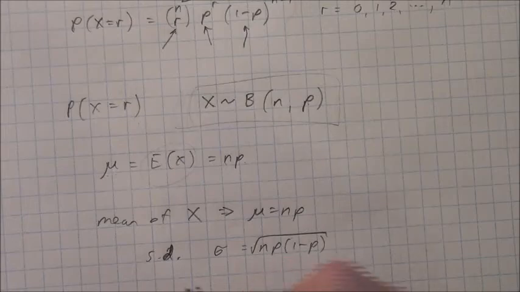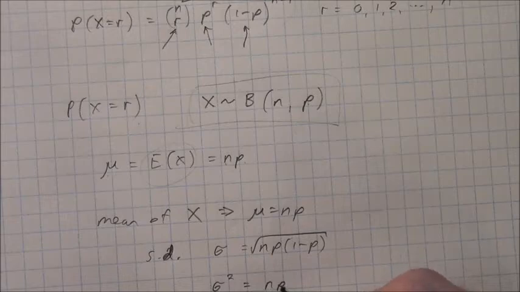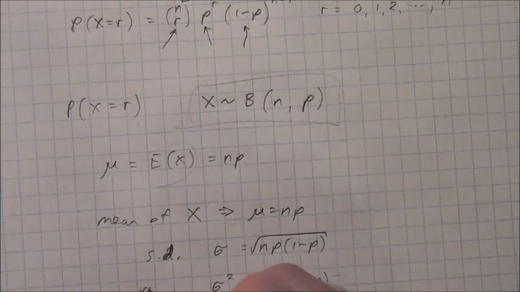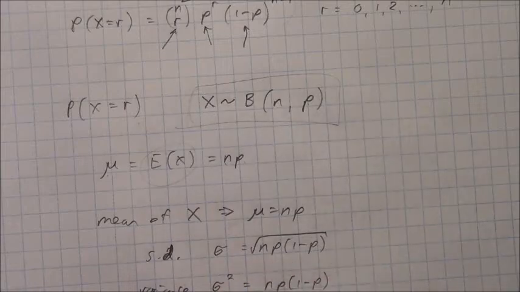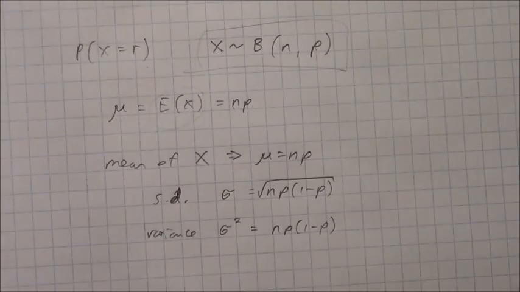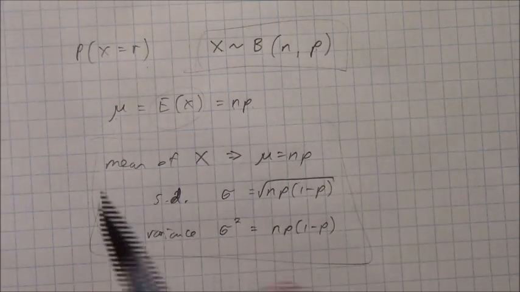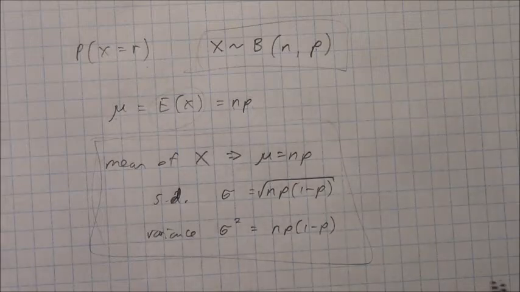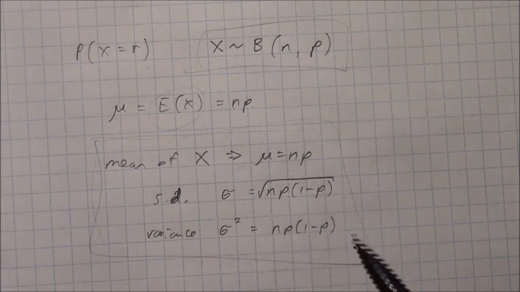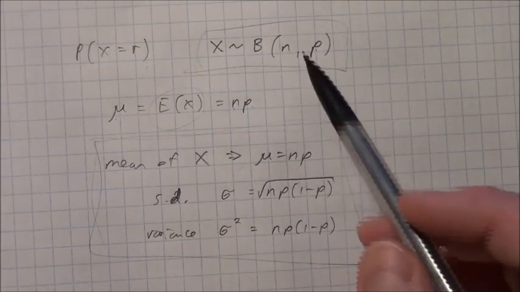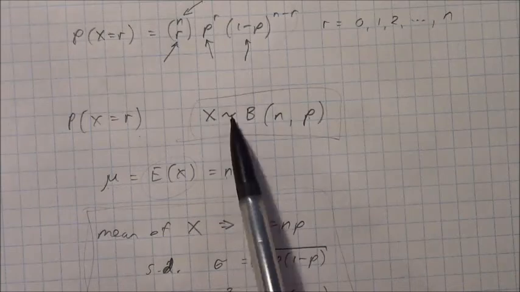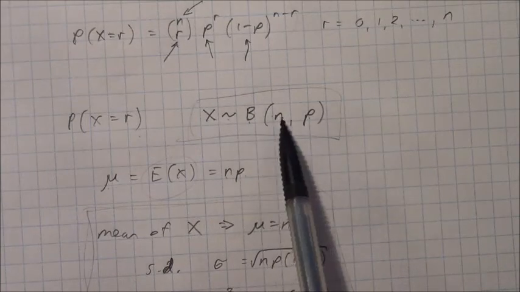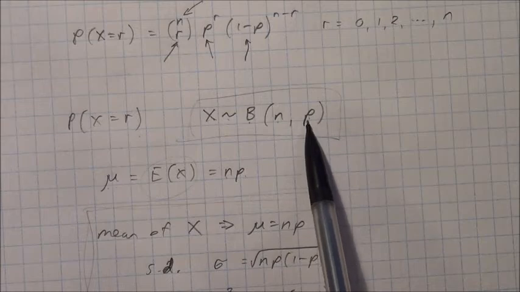And then of course the variance is just sigma squared, which is np(1 minus p). Those are the few extra calculations that we can make when dealing with binomial random variables, when X is distributed as a binomial experiment of n trials with probability of success p.